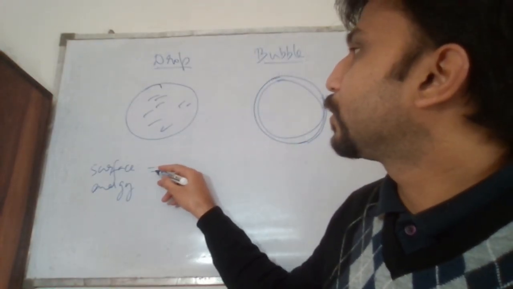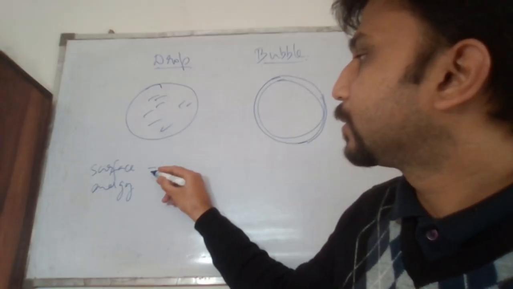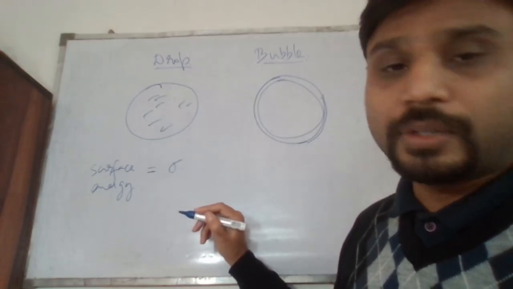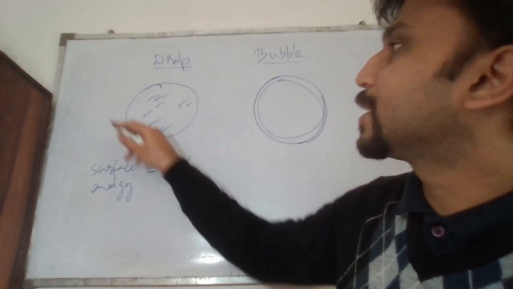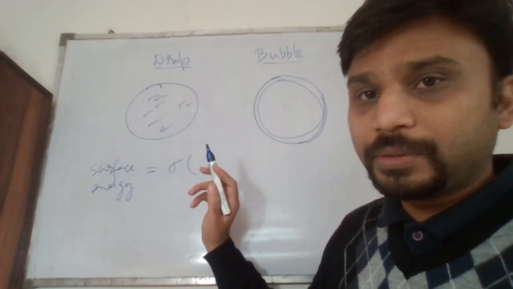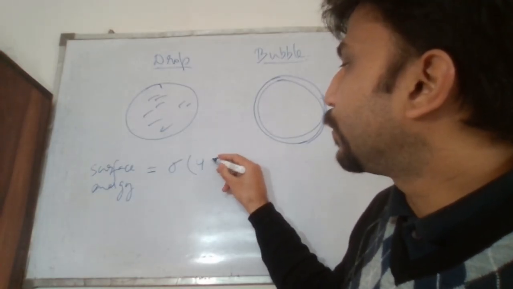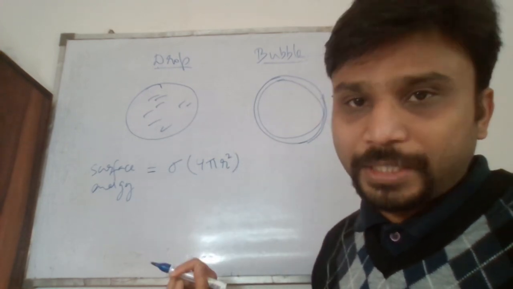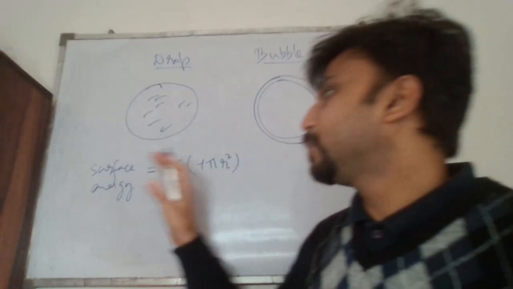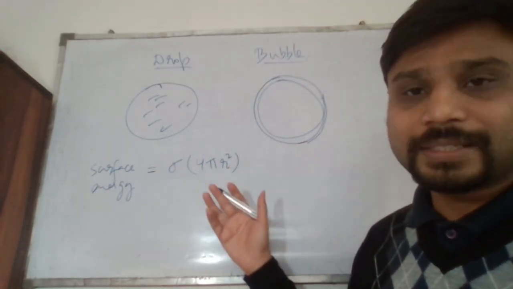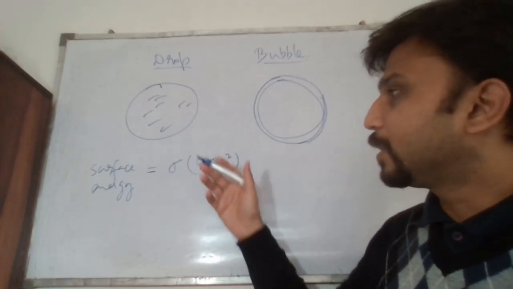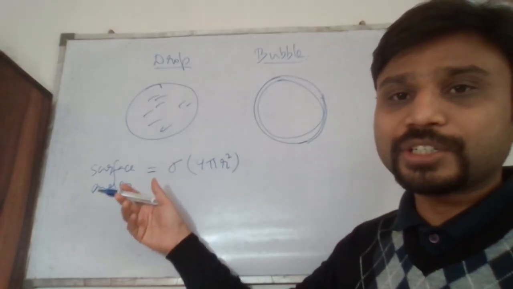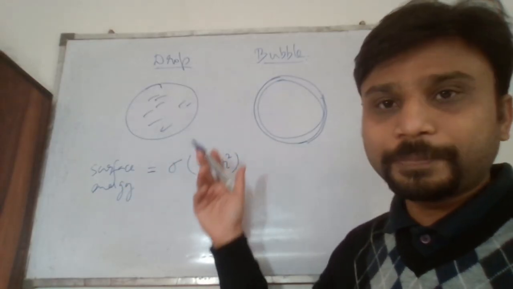Surface energy of a drop is the surface tension of the drop into the surface area of the drop. So what is the surface area of a sphere? It is 4 pi r square. So this is the surface energy. The formula itself is not as important. The important thing is, what are we multiplying with what? So we are multiplying surface tension with the surface area of the sphere.